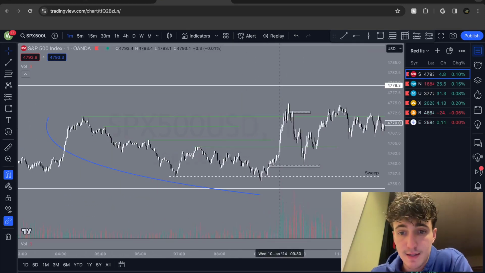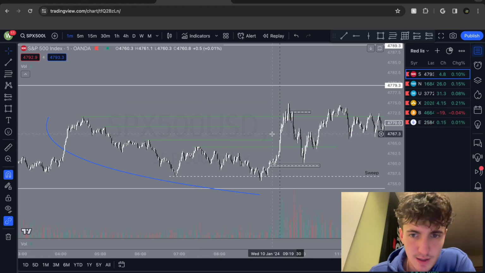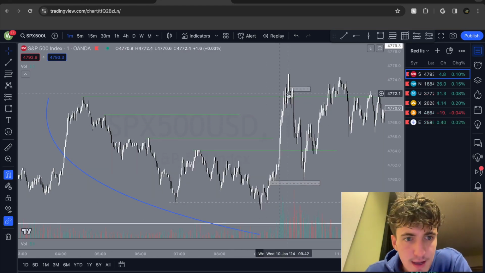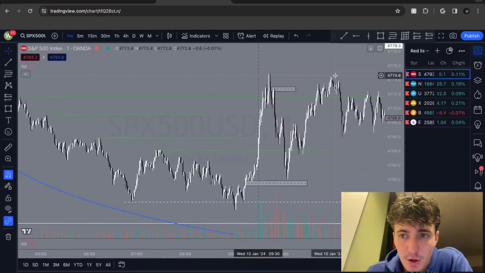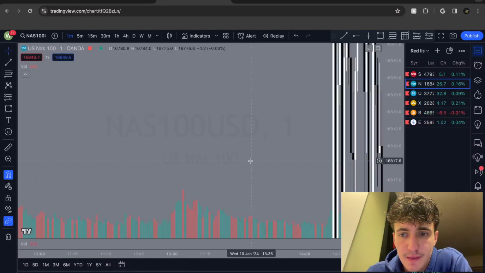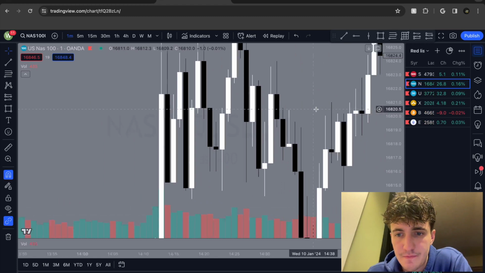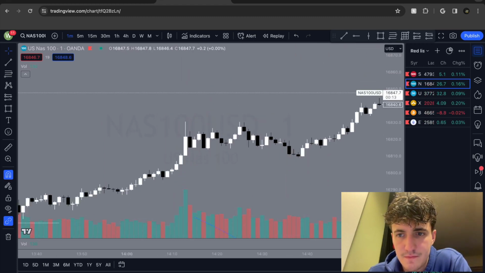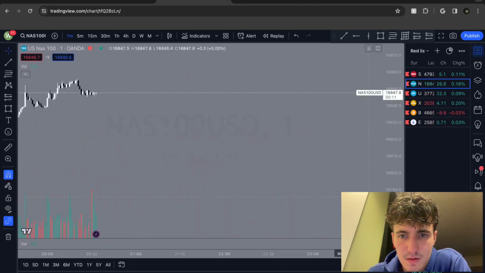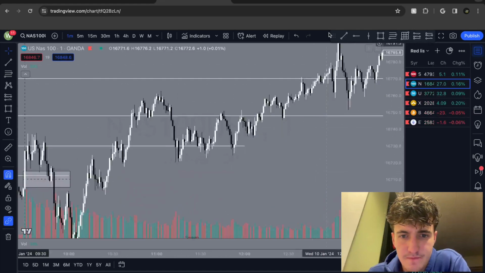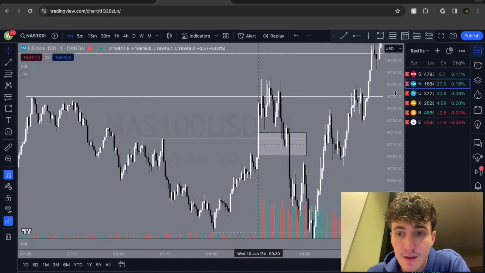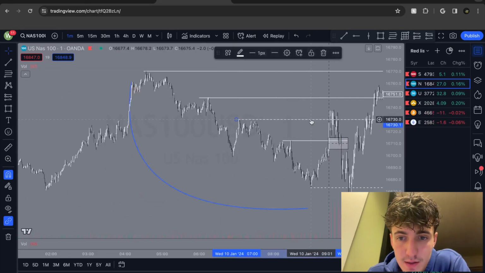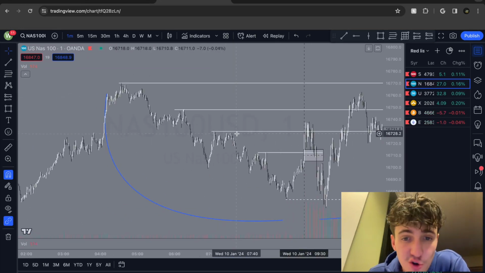But okay, so let's get back into the NASDAQ trades. So these external hourly equal highs get swept fairly early in the market open. But on NASDAQ, it's the opposite. As you see, NASDAQ open only sweeps one internal high.